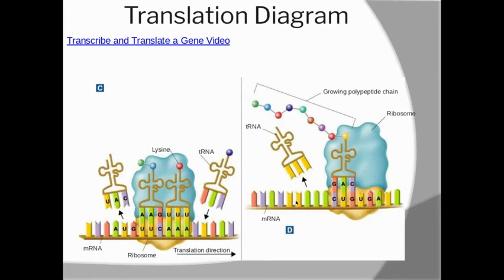It's going to tell us that, hey, this protein is done, clip it off and release it. And I'd like to make sure that I point out this blue tag here. When you're looking at your note sheet, click on this video and it'll show you protein production in action.